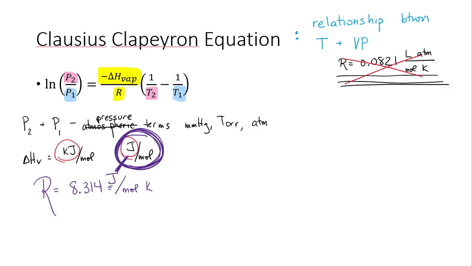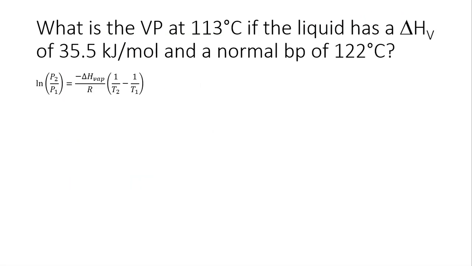The units on all of your stuff must match the units of your constant. Our constant is 8.314 joules per mole Kelvin, so we want our delta H in joules per mole. And last but certainly not least, our temperatures must be in Kelvin because our gas constant is in terms of Kelvin. So use the units on your gas constant to tell you what the units should be for all of your other stuff.